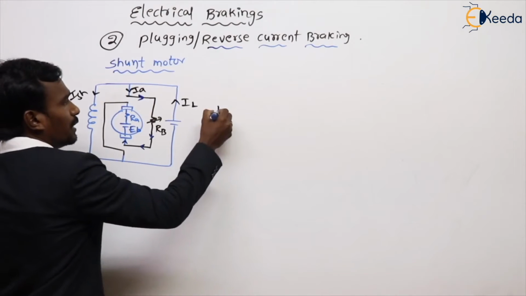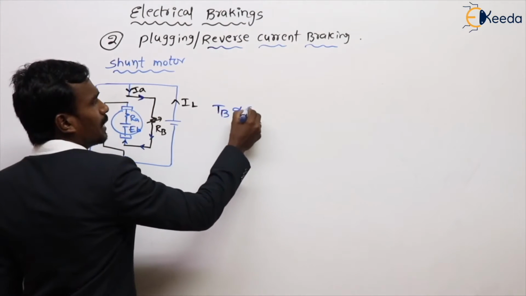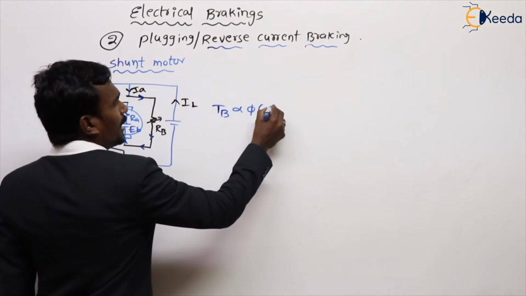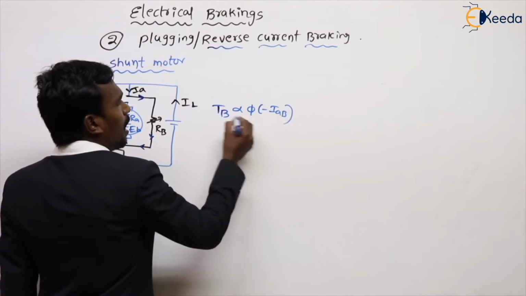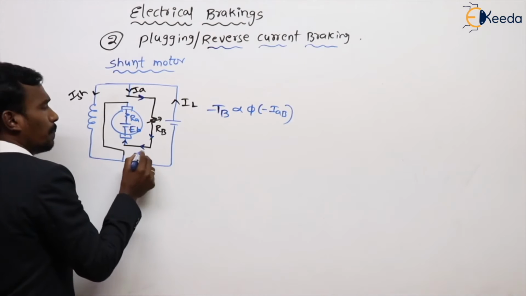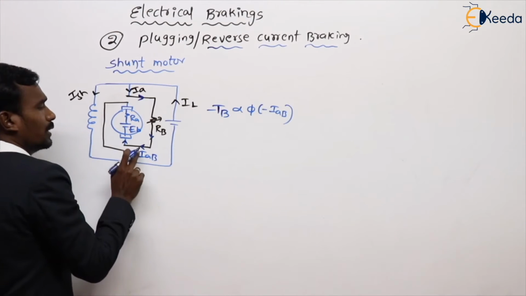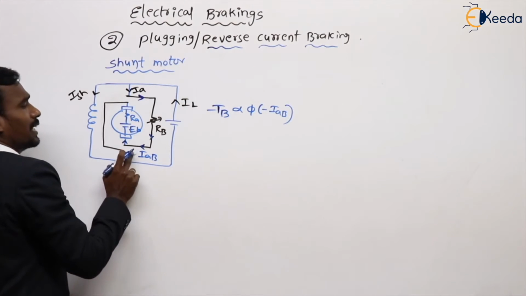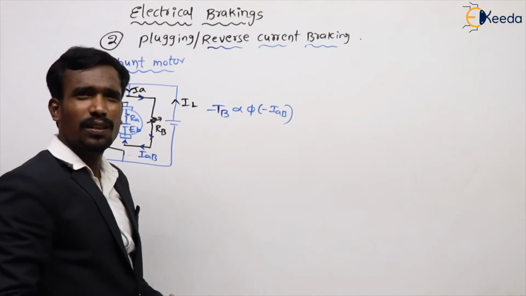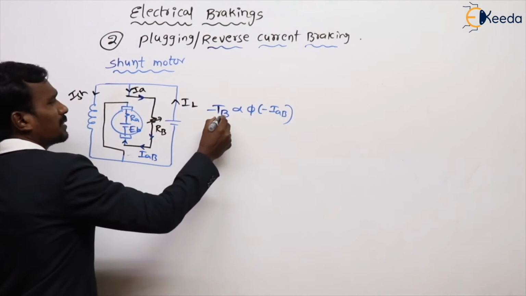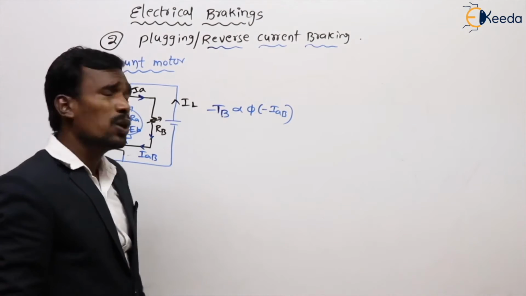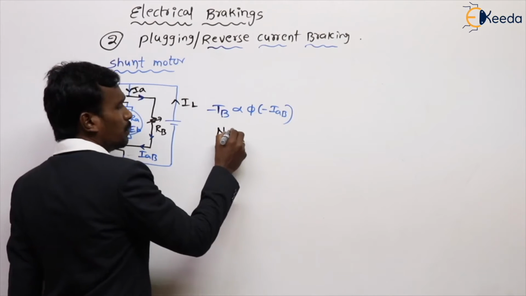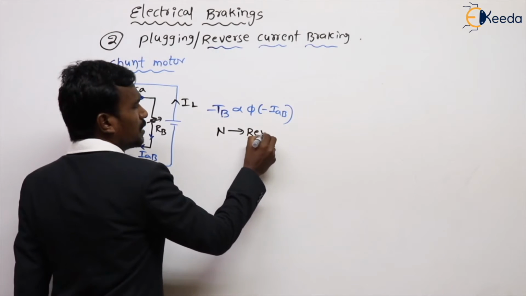We know the braking torque is directly proportional to phi times minus IAB. This is simply minus IAB braking torque. When the torque is reversed, automatically the speed is reversed.